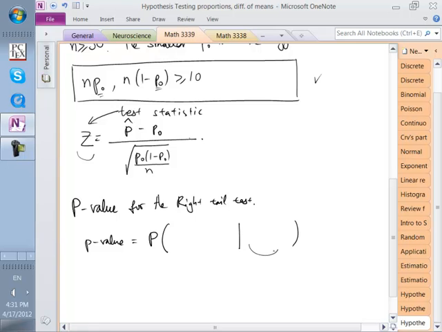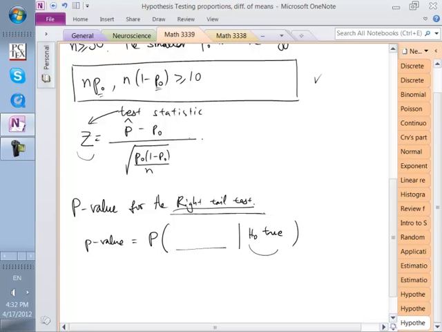So when I say null hypothesis true, in this particular case it would be p equal to p sub 0. And what is the type 1 error? You reject the null hypothesis. When do you reject the null hypothesis for a right tail test? If the value of your test statistic is on the right of your significance level.